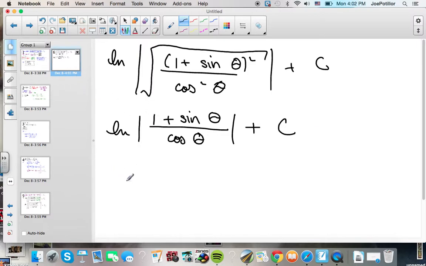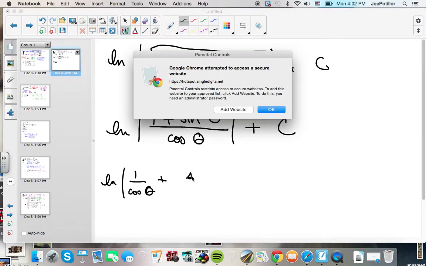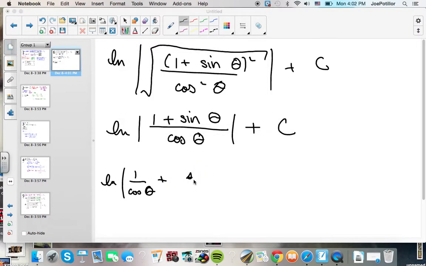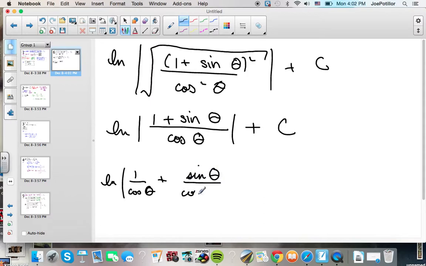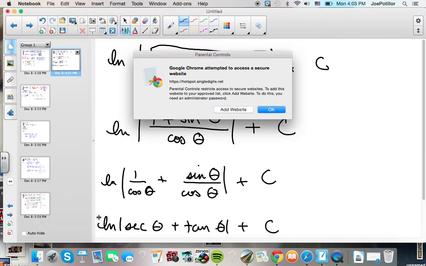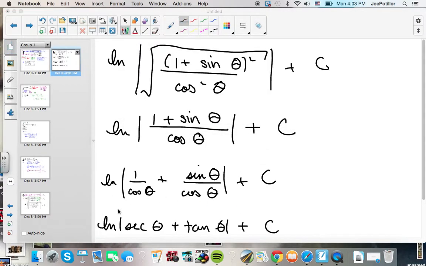Therefore, if I split the cosines, that will get me ln of secant of theta plus tangent of theta plus C. So that's where the secant theta and tangent theta come from.